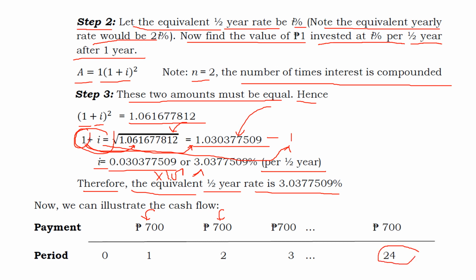In this, meaning, right after your first month, your first term, that will be 700 pesos. Here, as you can see, after 1 month, there's another 700 pesos. In this case, it's another 700 pesos. So that's how we illustrate the cash flow up to the last month of payment here.